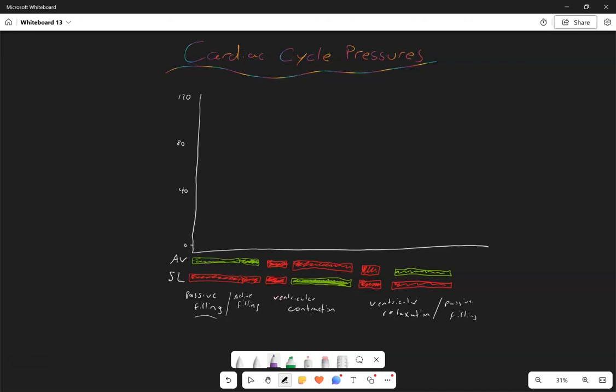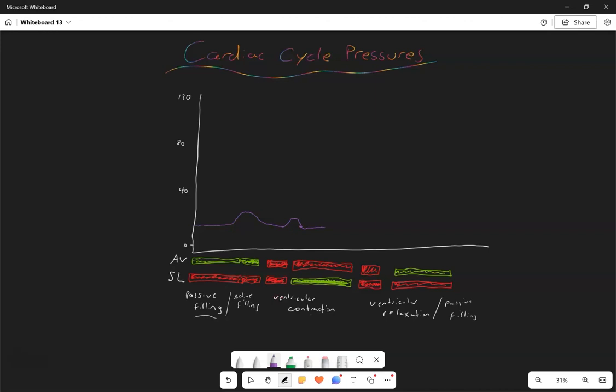Now, let's imagine that we wanted to map the pressure of, let's just say, the atria. What's going to happen inside the atria is that it's going to stay stagnant, and then during this active filling phase, it's going to rise up like so, and then come back down. Then when the ventricles hit the contraction phase and snap those valves shut, you'll see a little buildup of pressure again inside the atria.